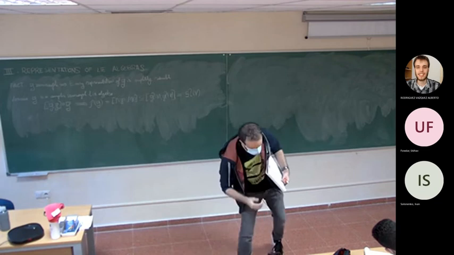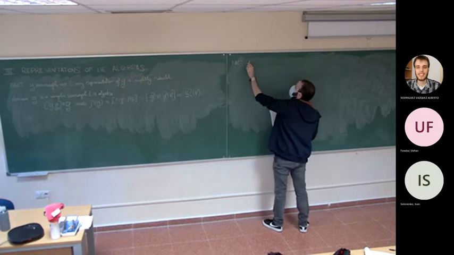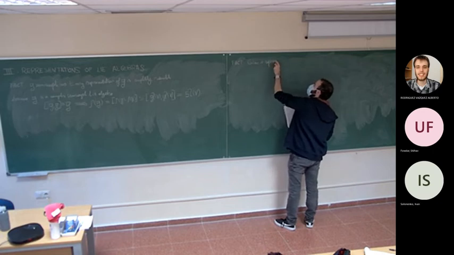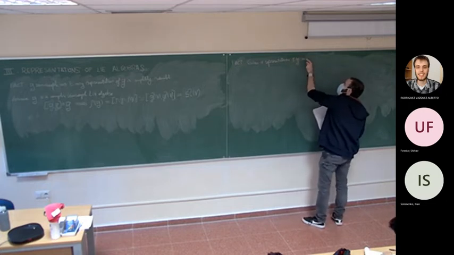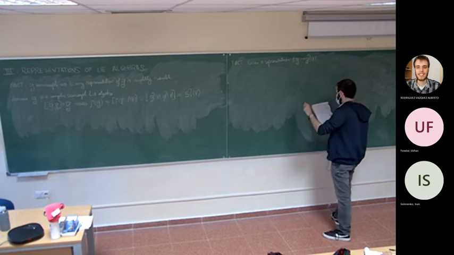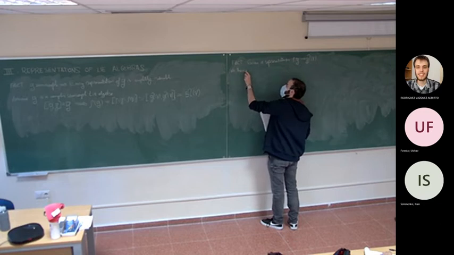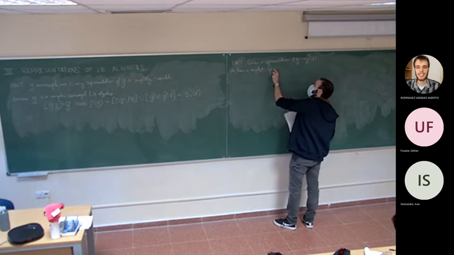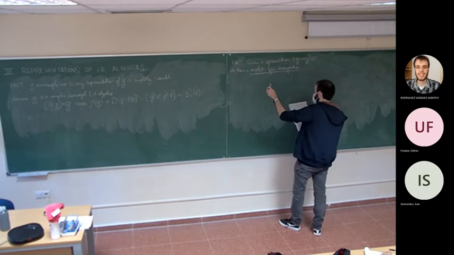So it is stated as a fact, and it's the following. Given any representation of the complex semisimple Lie algebra, we have a weight space decomposition defined as follows.